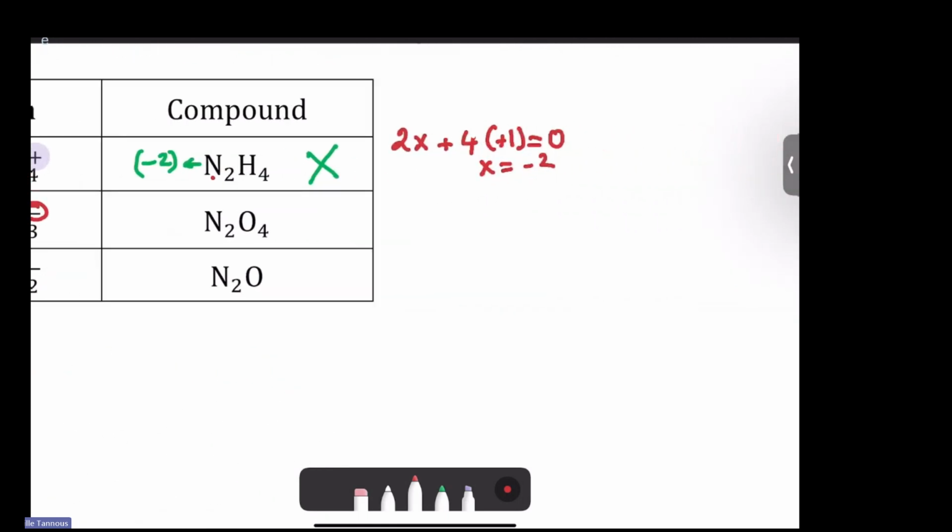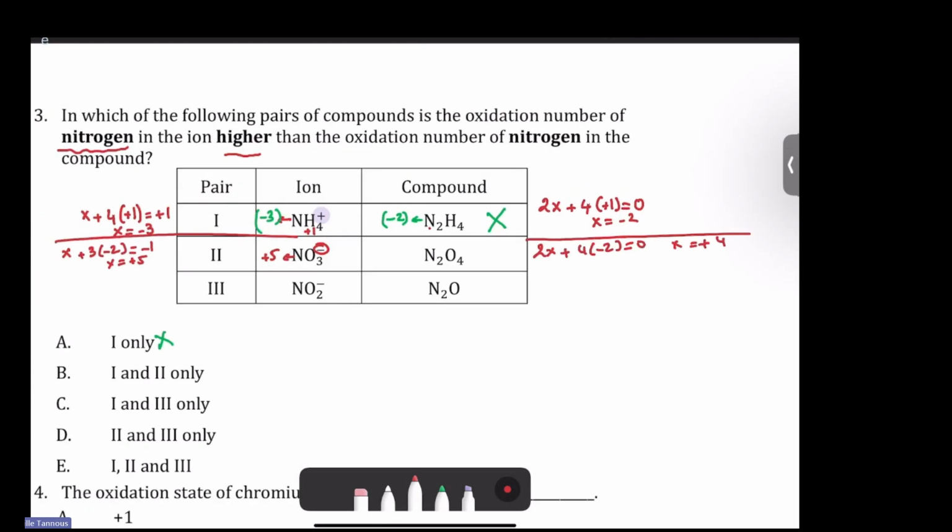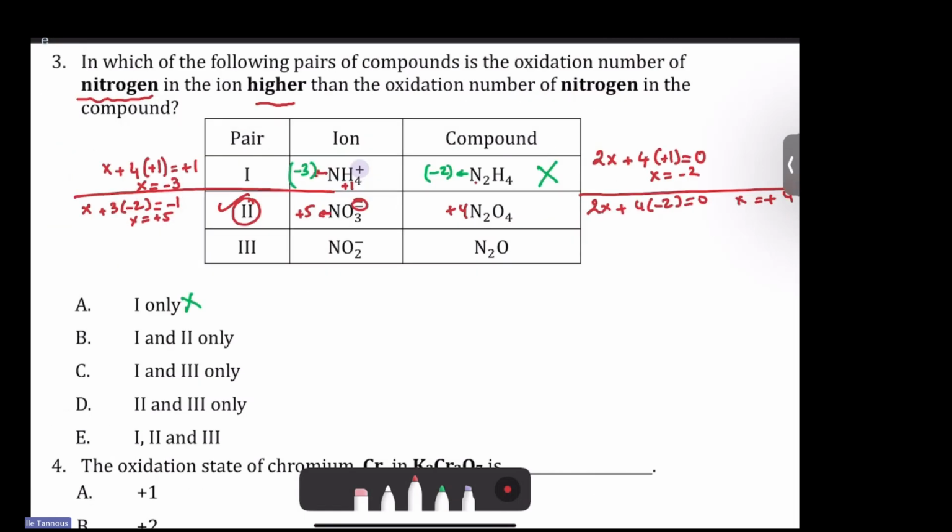And in here, 2x plus 4 times negative 2 equals 0. So x is positive 4. Okay, this one we can take as an option because the ion has an oxidation number higher than that of the compound. I still need to check the last one.